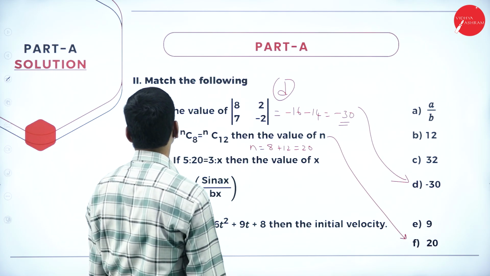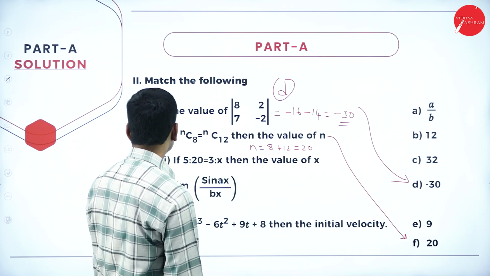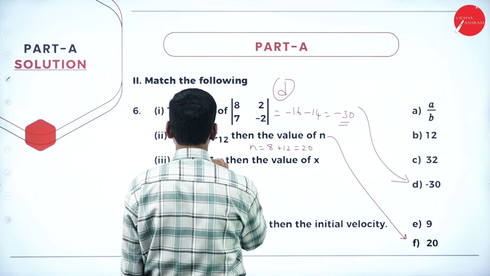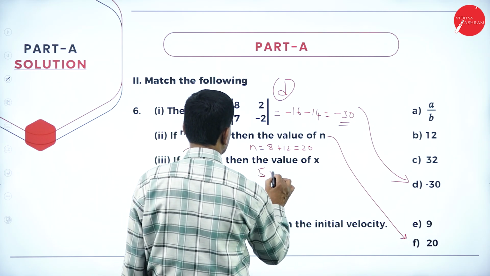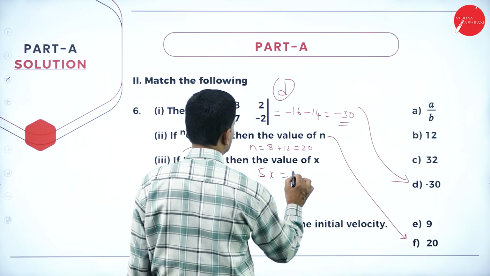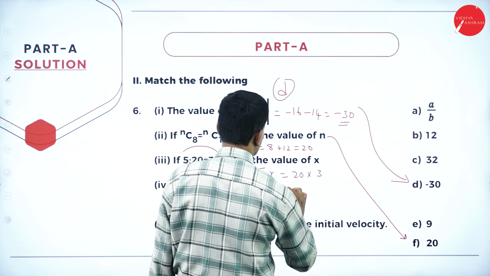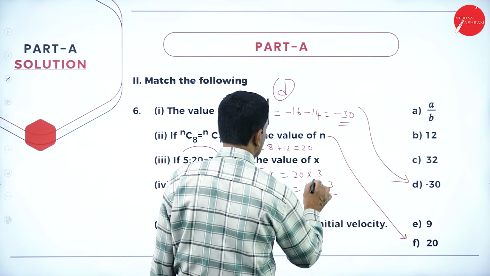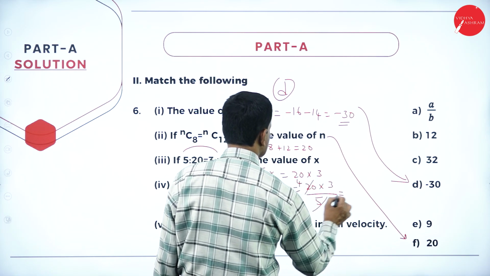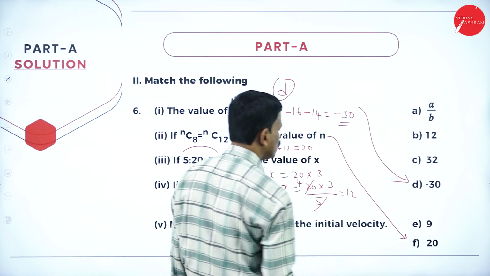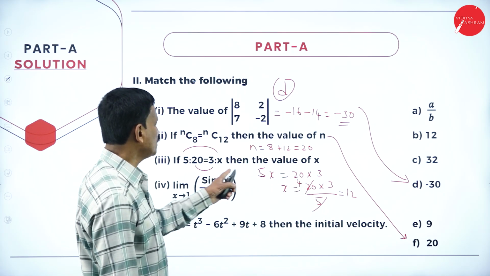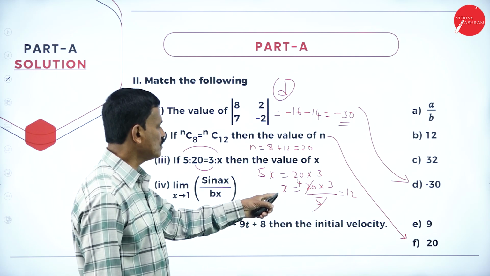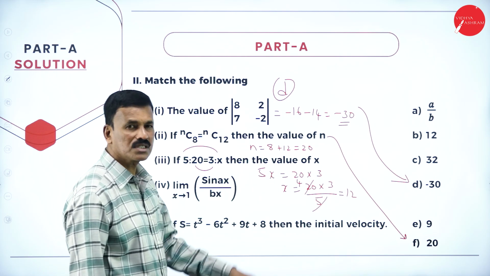Okay. Next, if 5 is to 20 is equal to 3 is to x, then the value of x. So 5x is equal to 20 into 3. So x is equal to 20 into 3 divided by 5. 5 4s are 20. 4 3s are 12.